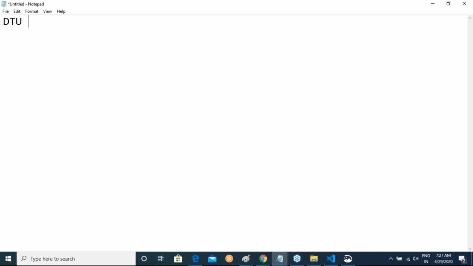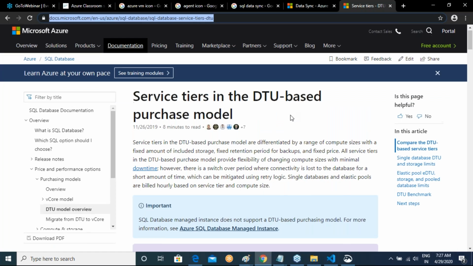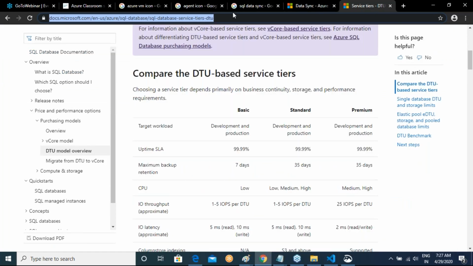So this is what they used to do, DTU, which stands for database transaction unit. You can start from DTUs.